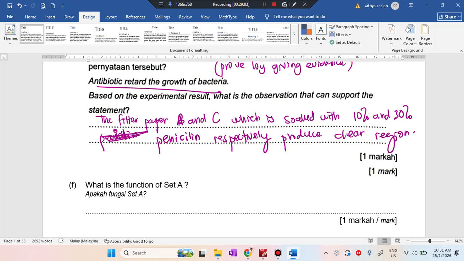So that is the proof. You cannot talk about 30%. They didn't tell higher concentration antibiotic. They tell antibiotic in general. So you give the observation that can support this statement.